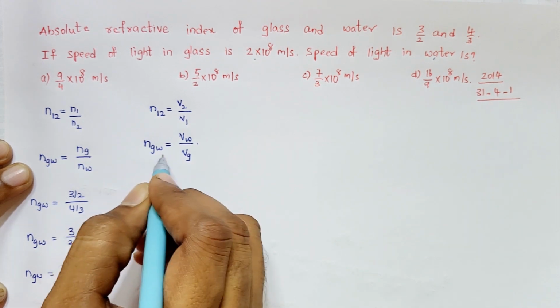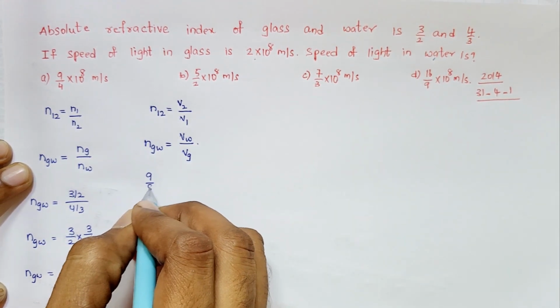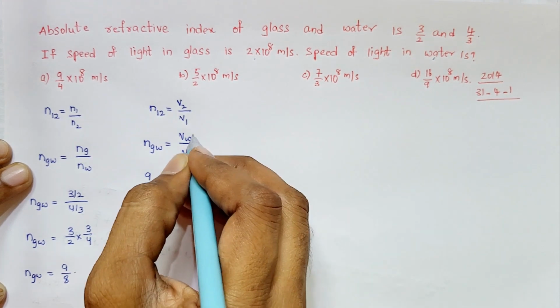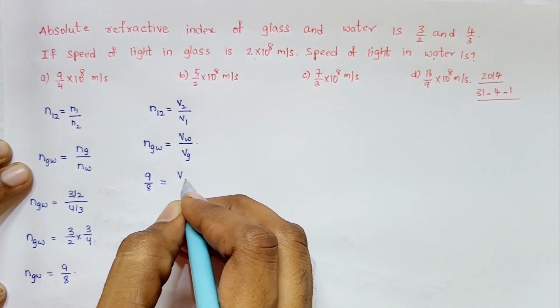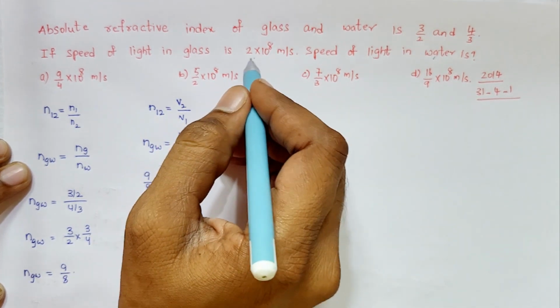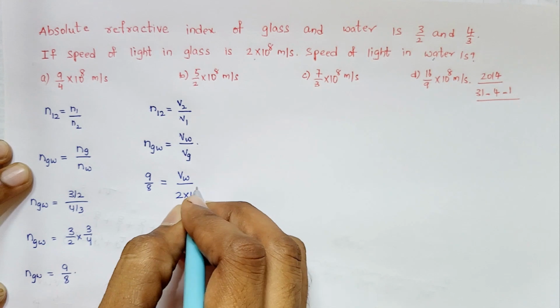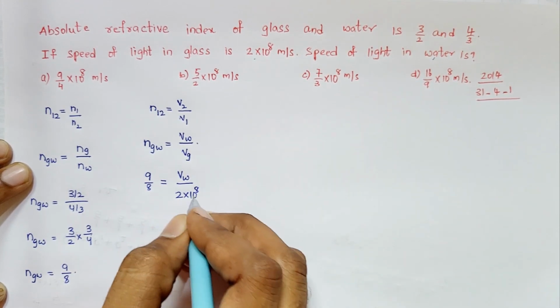Refractive index of glass with respect to water we found as 9 divided by 8, is equal to, we have to find out the speed of light in water. This we have to find out. What is speed of light in glass? They gave it as 2 into 10 power 8 meters per second. So I'll send this 2 into 10 power 8 this side.